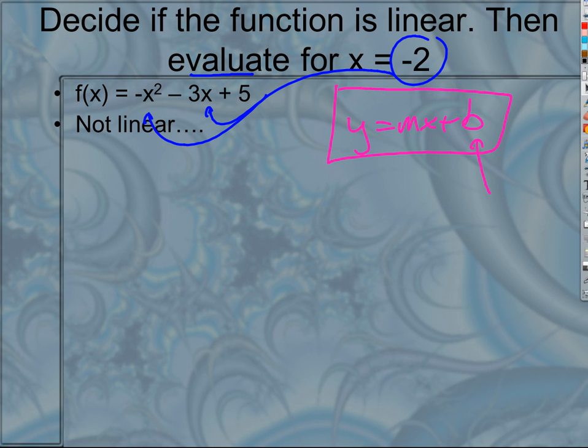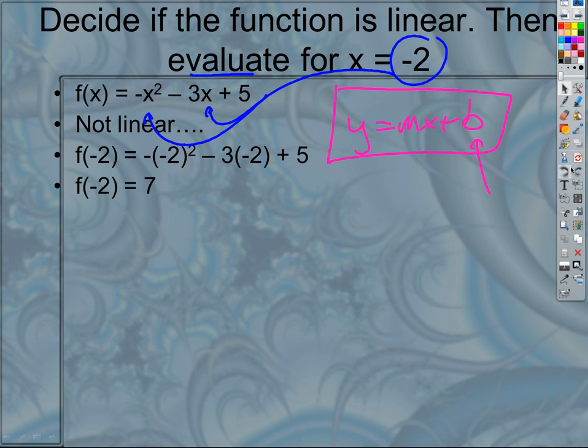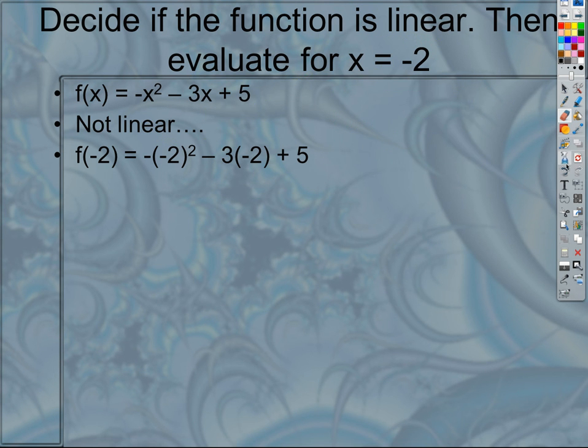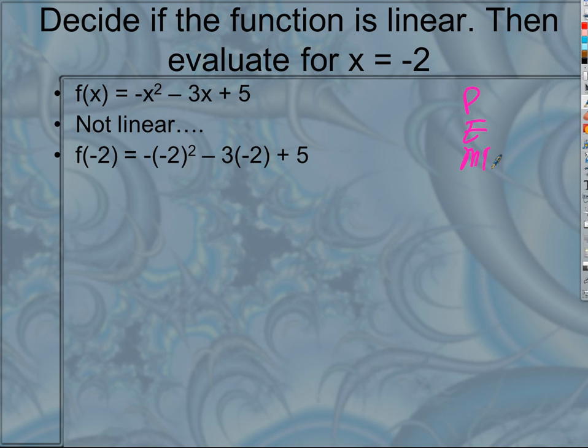It's not linear. If we plug this stuff in, f of -2, notice that the -2 is being squared, but not the negative. Because if we follow order of operations, I'm not isolating, right?